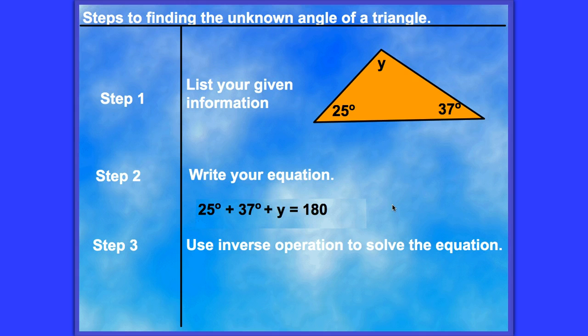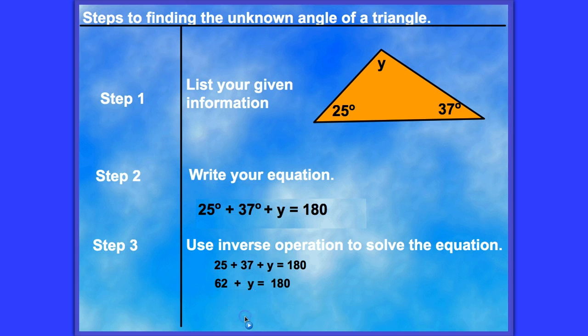Some of you reversed it, and it doesn't make any difference. As long as you've got one set of terms on one side of your equal sign and the measure of your triangle on the other side of your equal sign, that is not a problem. You can do that.